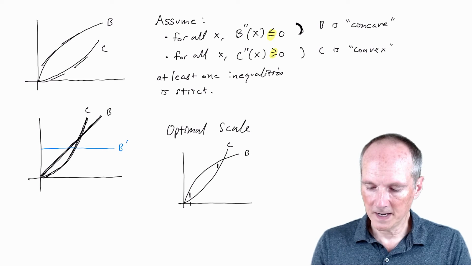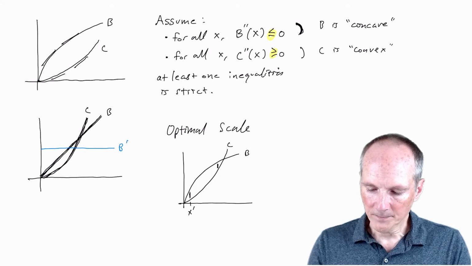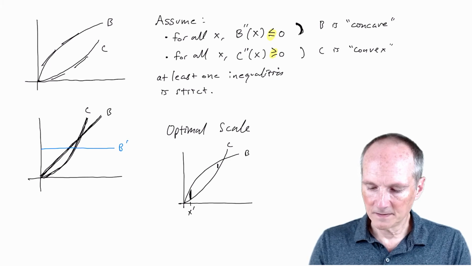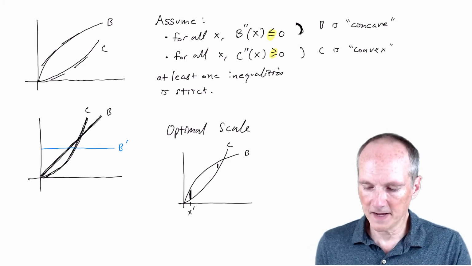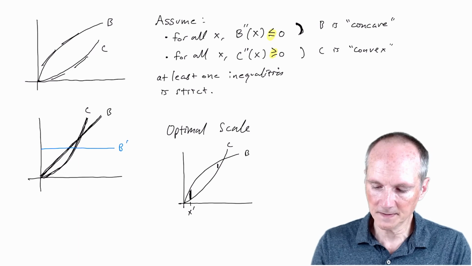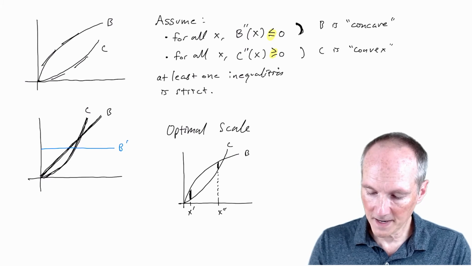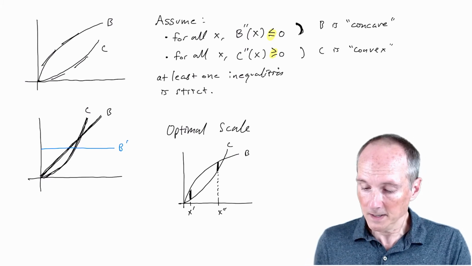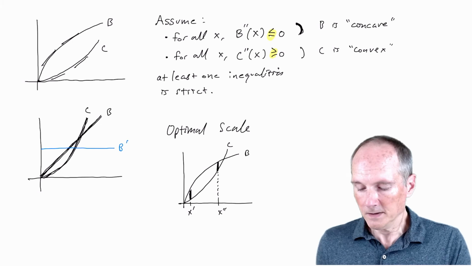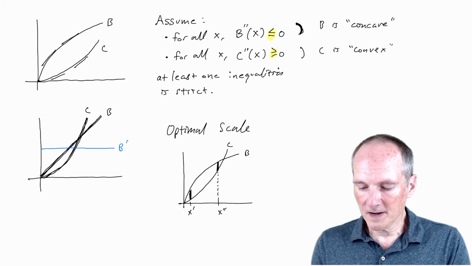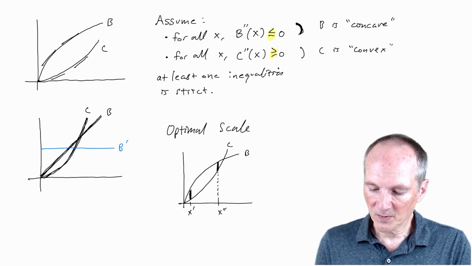So here's an x prime, let's say, and the net benefit is the height of that dark line segment. Here is an x double prime. The net benefit is the height of that dark line segment. But you can tell that the net benefit is not maximized at either x prime or x double prime.